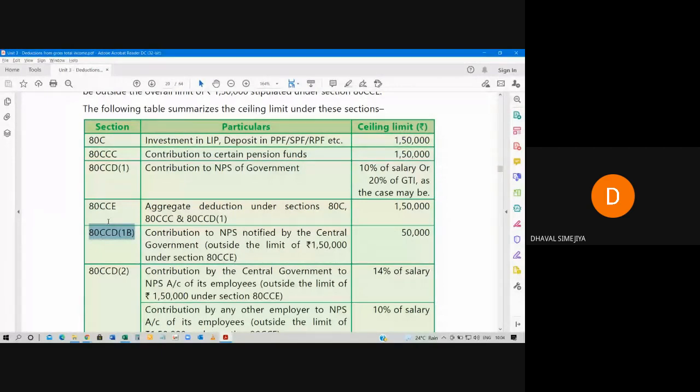For example, you have taken LIC, you have paid tuition fee of your children, you have invested in PPF, you have invested in Sukanya Samriddhi Yojana. All of these make 1,50,000, so your limit will be blocked. You have no limit available now. Still, you have a pension account. You are an employee, still you have a pension account, so you want to take a deduction. One more option is available, that is section 80CCD1B. Clear? That's what we will discuss in illustration number 4.